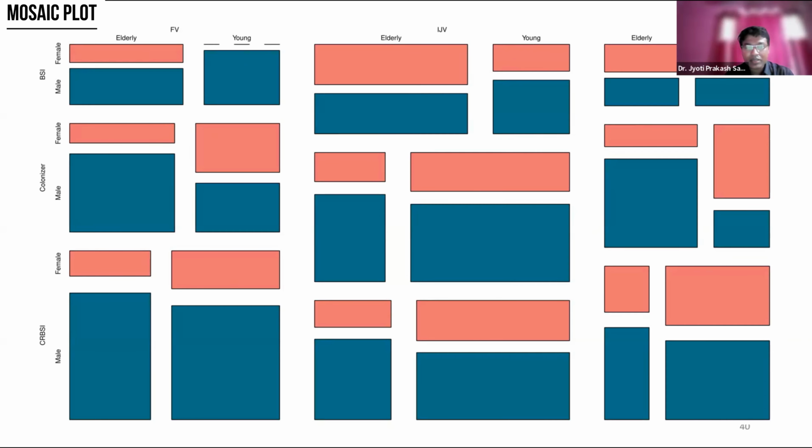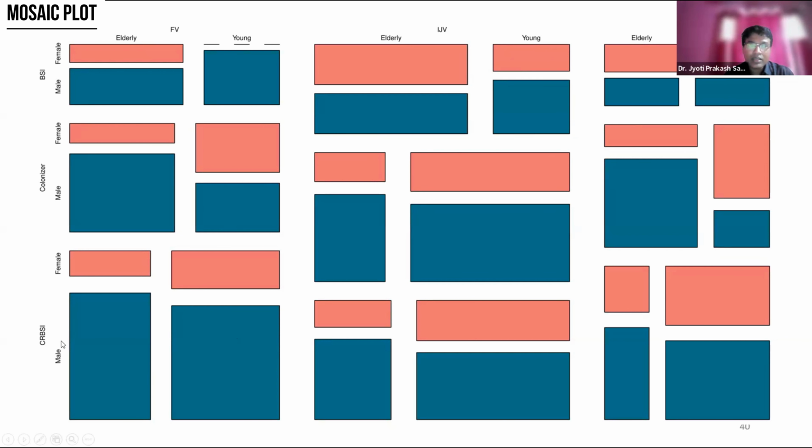Then we'll segregate. We have 4 parameters here, right? The vein used for cannulation, the gender, the age group, and the infection type. Fine, 4 parameters. The first sequence here is the vein used for the cannulation. This is the margin. Then just focus on the femoral vein.